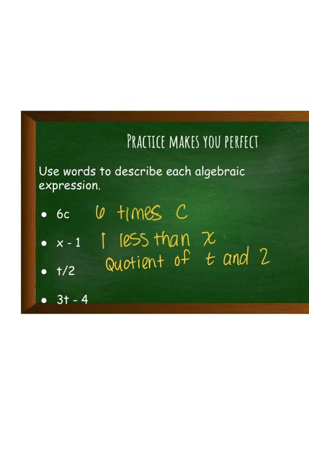And then the last one, we have 3t minus 4. 3 times t less 4. Okay? Oh, this should be times.